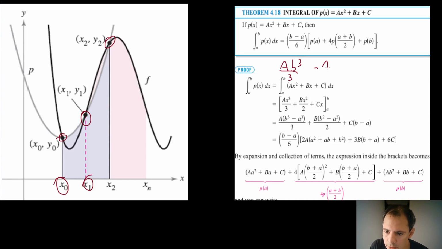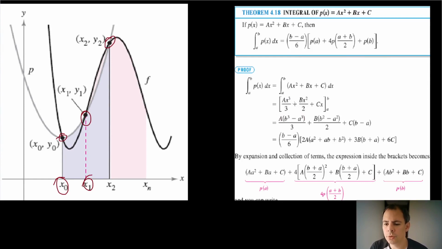It's going to be minus a cubed divided by 3. So when you factor out the a, you have b cubed minus a cubed. That's what you have, and that's where this thing in here is coming from.